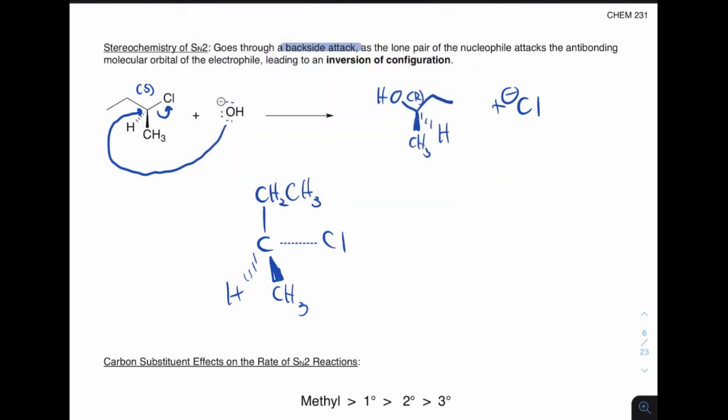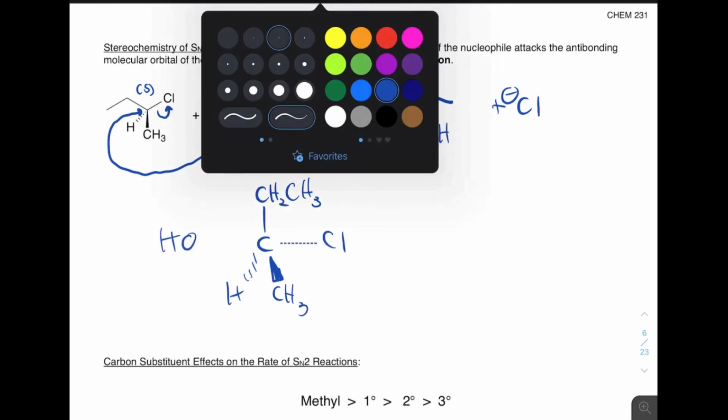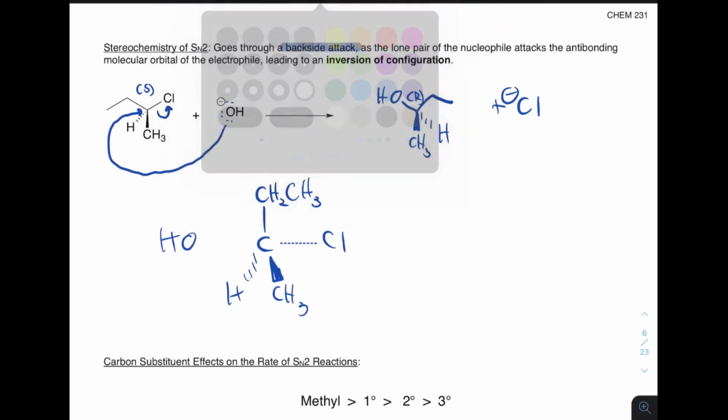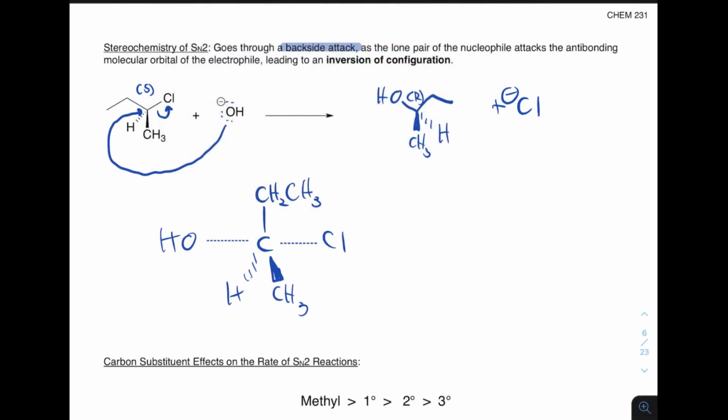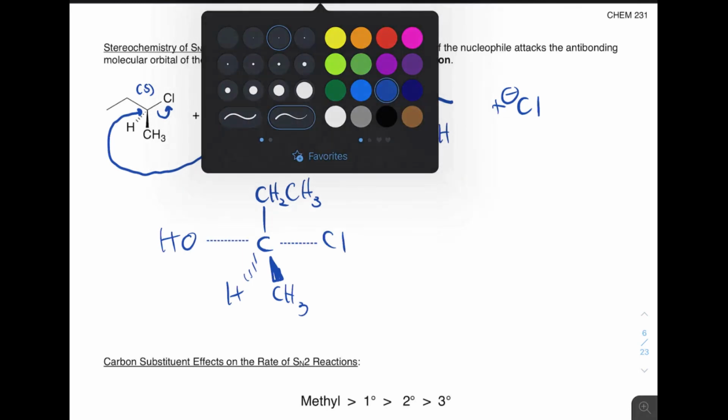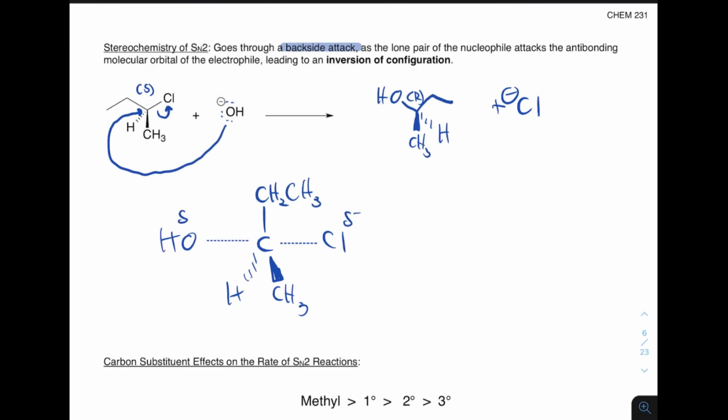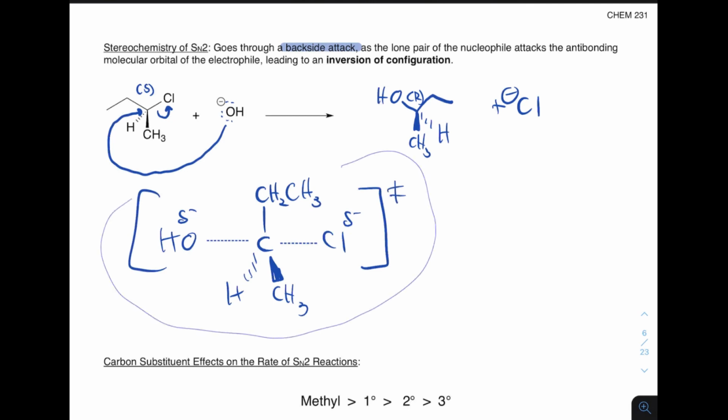We have the bond breakage of chlorine and the bond formation of the hydroxide anion right here, and we denote these with a partial negative term. And so you can see that while one side gets pushed out, the other side comes in.